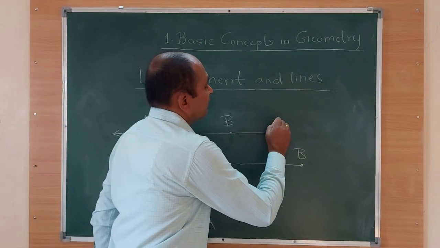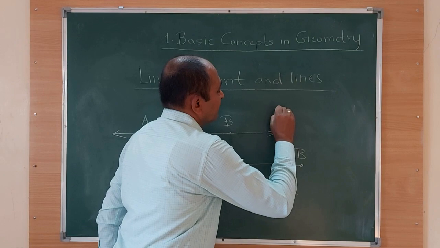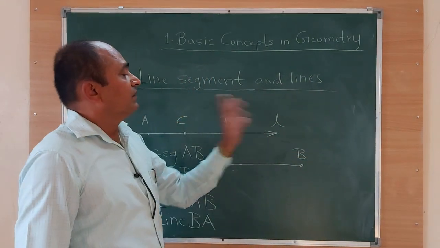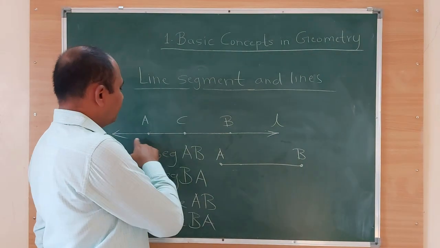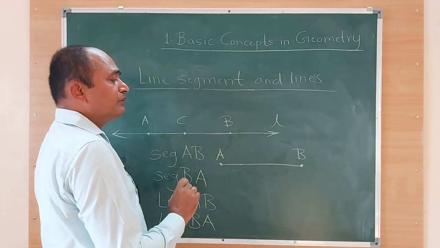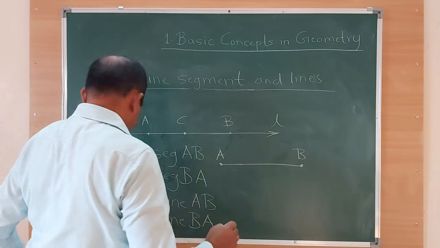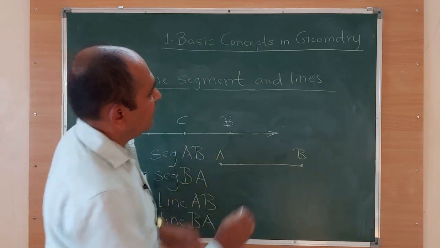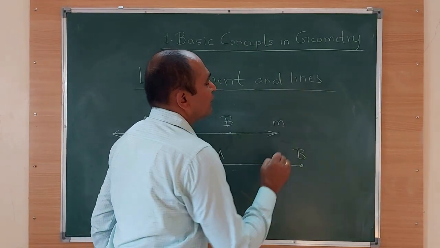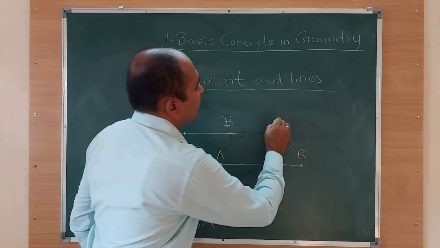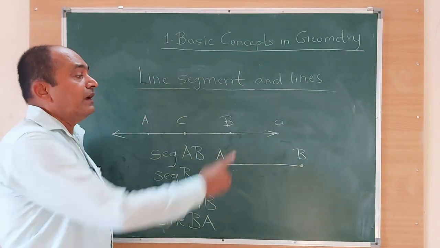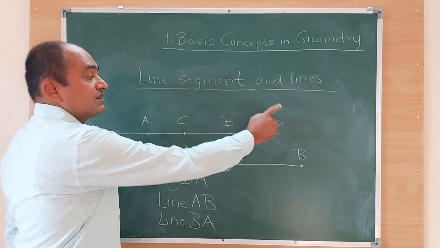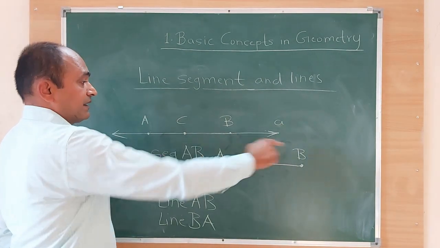or a line also can be given a name, a small letter. So this line I can name as line l also, or I can name it as line m also, but that should be a small letter. Remember, this is not a point. This is directly the name of this line.